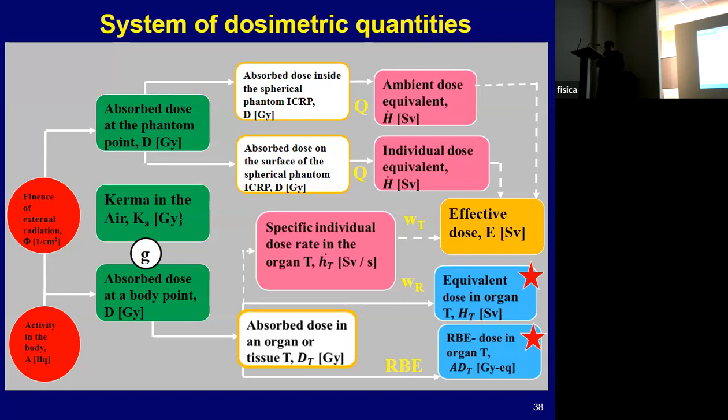Yellow color indicates the quantities determining the requirements for the state of radiation safety, like effective dose. Purple indicates values to demonstrate compliance of the state of radiation safety with regulatory requirements.